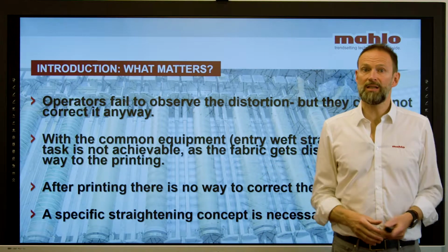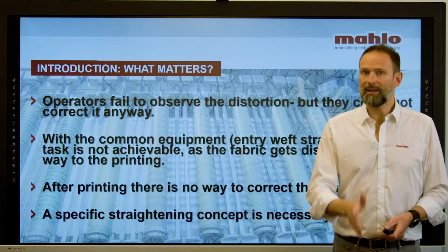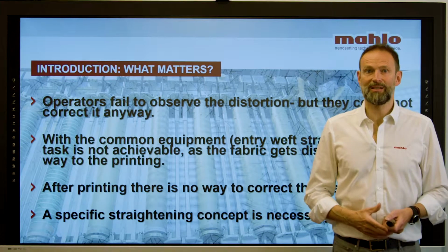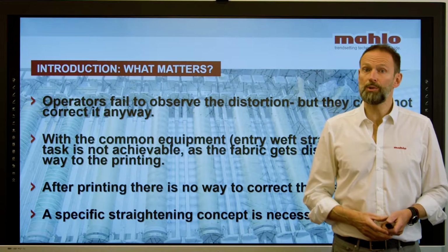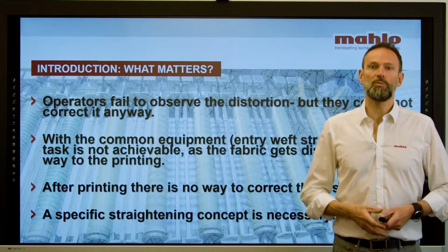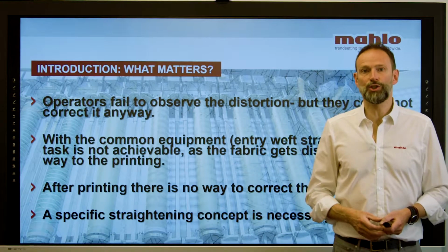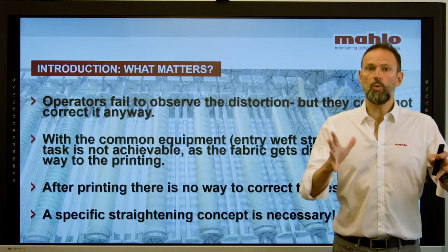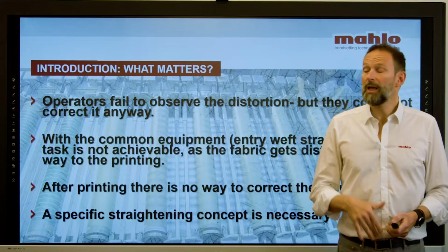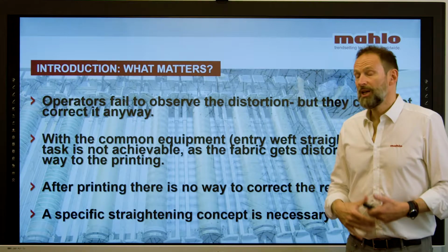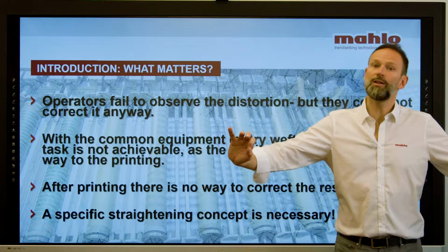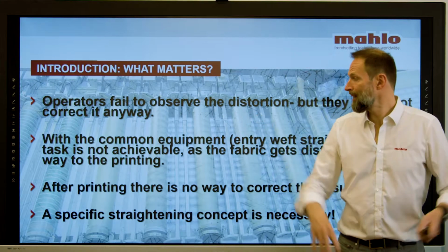Perhaps they don't see it, perhaps they don't care, but it's always better to leave that task to a machine which has sensors, which has the right automation techniques to make sure that the fabric is always centralized, that it's always straight. And like that, you can make sure that even after the printing, you have a straight line, you have a straight design, you have a straight pattern.